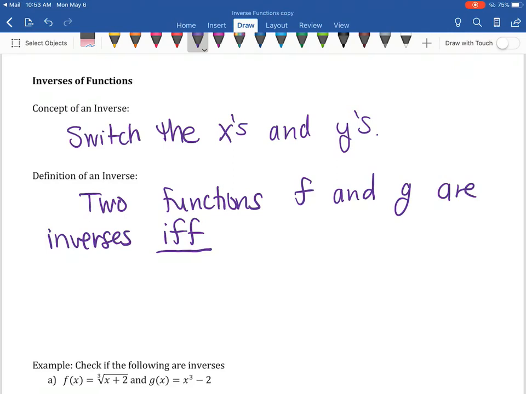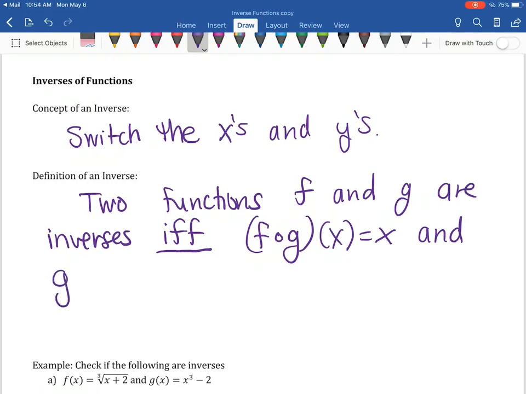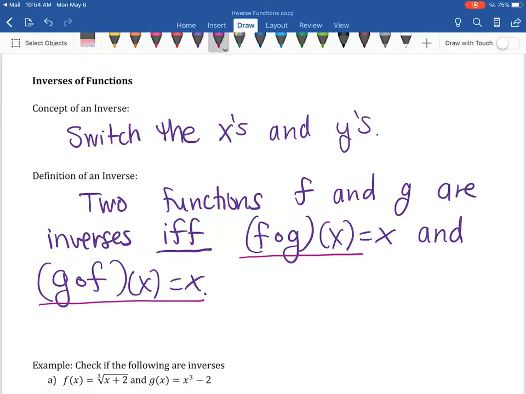So two functions f and g are inverses if and only if f of g of x is equal to x and g of f of x is equal to x as well. It's got to meet both of those conditions. You gotta be able to compose both of those functions in both directions and get out x. If one of those fails, then they're not inverses. So it's got to meet both of those conditions.